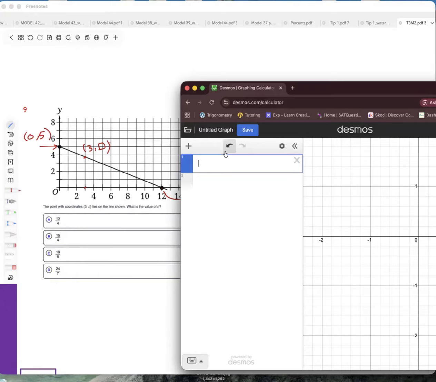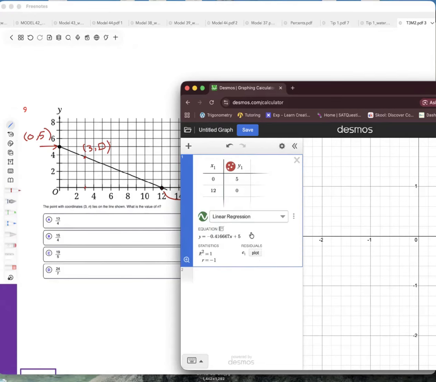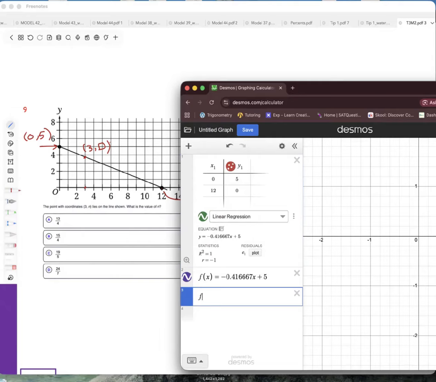Then use Desmos, press plus, table, 0 and 5, and we have 12 and 0. Then press on this button, add regression. This is a straight line, or linear function, so it's linear regression. So this is the equation. Just change y into f of x and find f of 3, because we want to find the image of the point if x is 3.